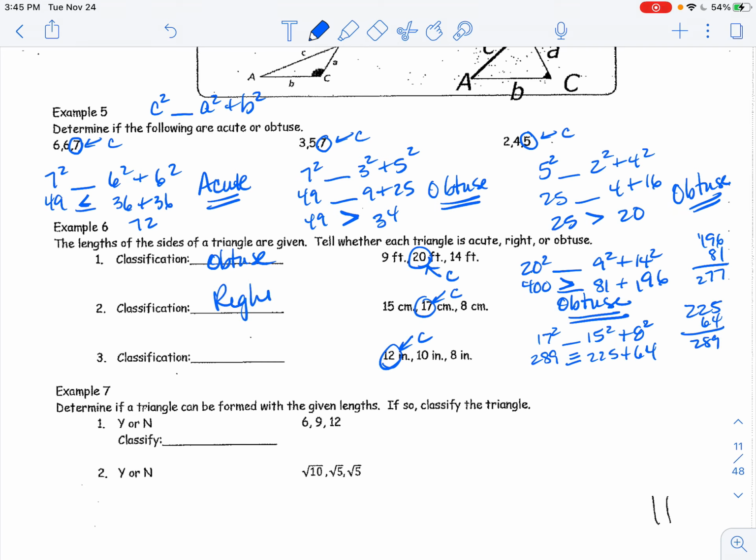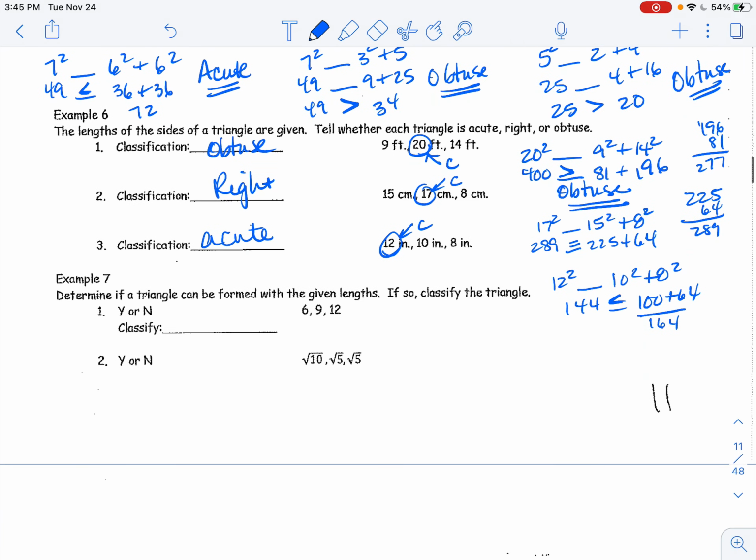This one's equal, so this is a right triangle. And here's the last one. 12 squared compared to 10 squared plus 8 squared. 144 compared to 100 plus 64. We can see that that's less because that is 164. And so less means acute.